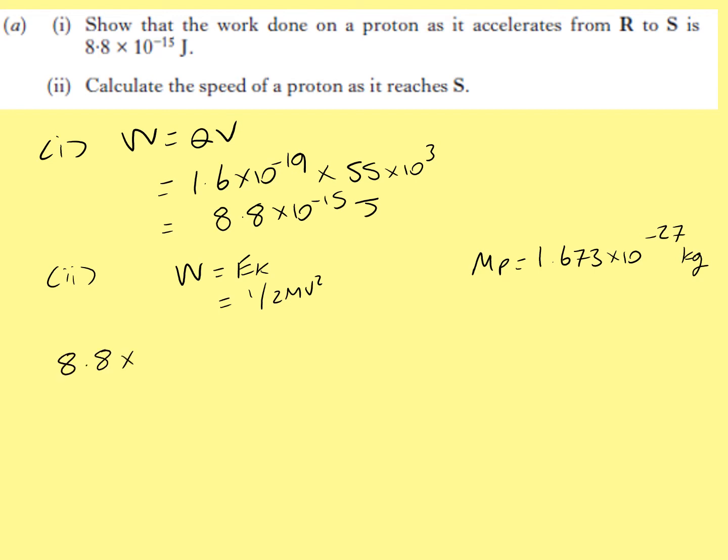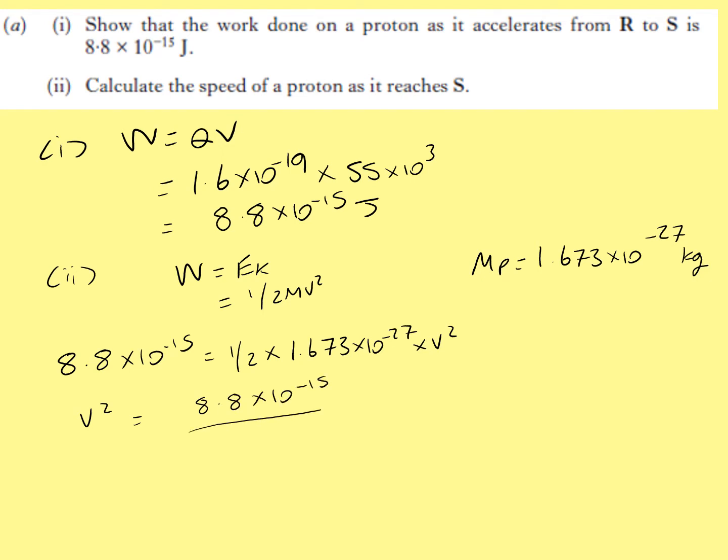8.8 times 10 to the negative 15 is equal to 1/2 multiplied by the mass of a proton, 1.673 times 10 to the negative 27, multiplied by v squared. Rearrange: v squared is equal to 8.8 times 10 to the negative 15 divided by 1/2 multiplied by 1.673 times 10 to the negative 27.